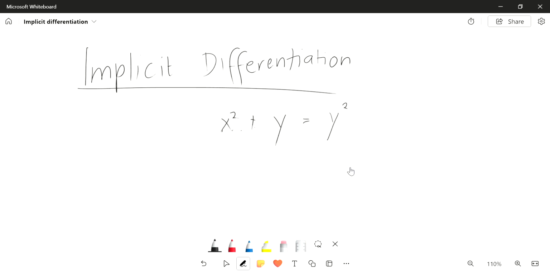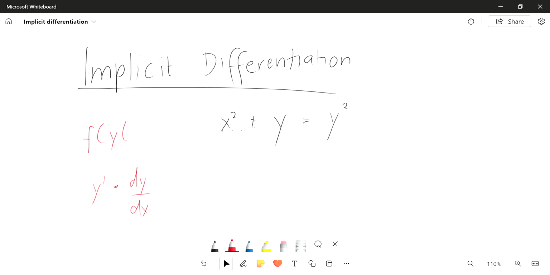So it's almost like a chain rule. Say y is some function of x. We'll say y of x, and f is some function of y.